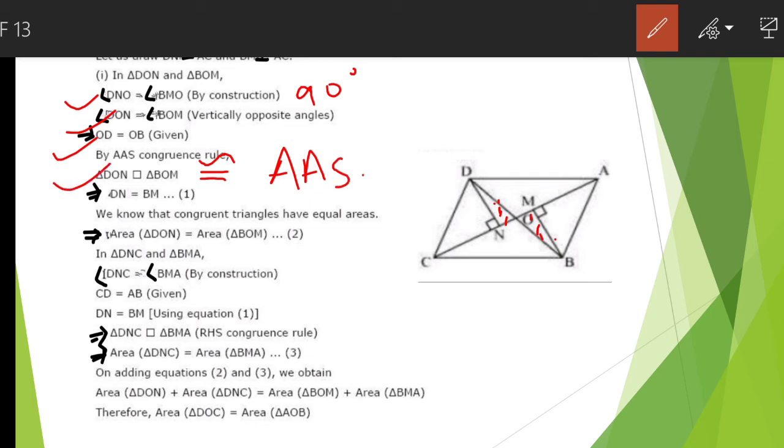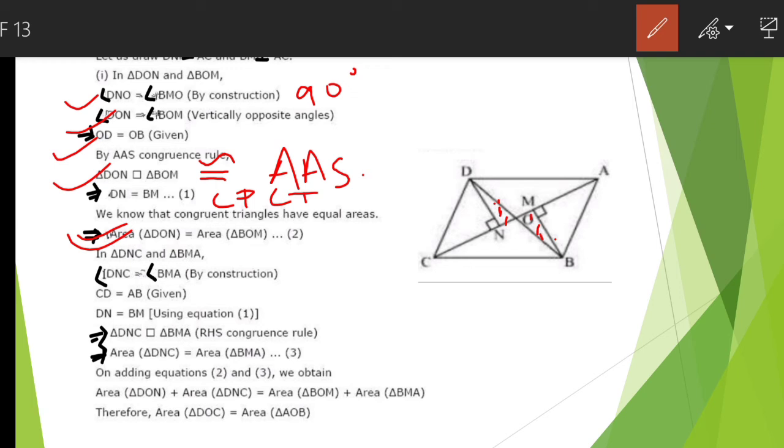Using this congruency rule, we can say DN is equal to BM by CPCT. This is our first equation. Also, since the triangles are congruent, their areas are equal. So area of DON and area of BOM are equal. This becomes our second equation.